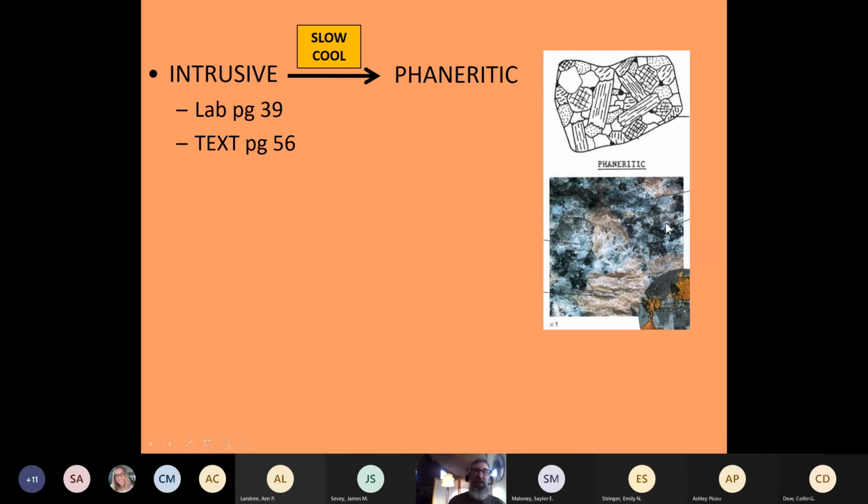So let's compare that to what's happening with extrusive rocks. Extrusive rocks are belched or oozed or exploded out onto the surface of the earth. There is no insulating earth anymore to help keep it warm.